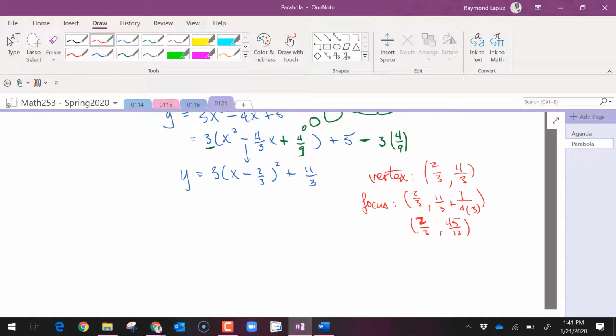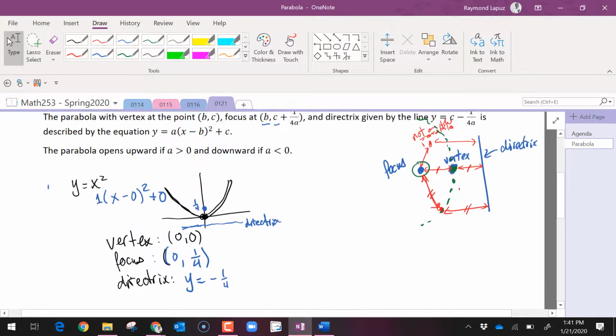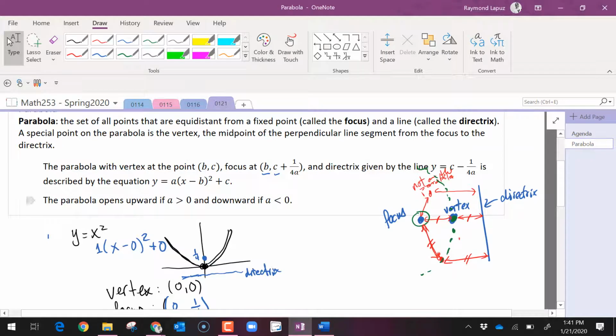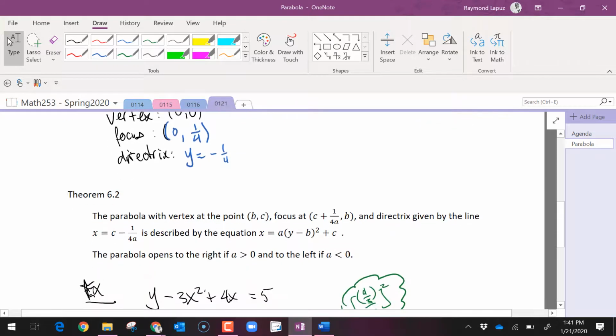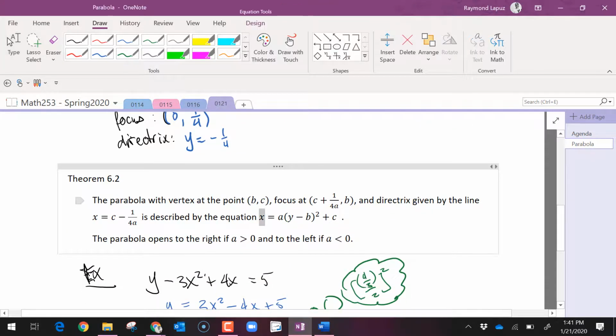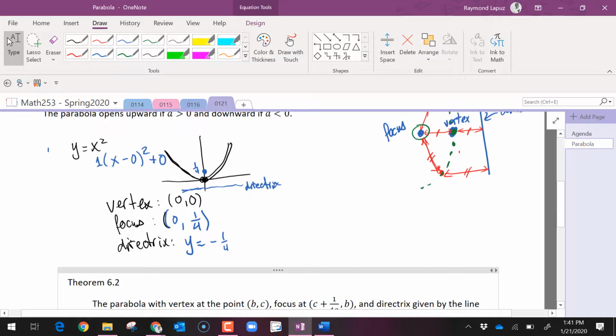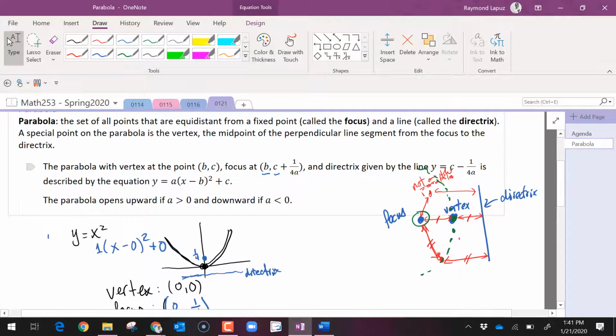Oh, that's the x? Oh, that's if you're opening sideways with your x there. If you're opening up and down with your y by itself, then it's the y.